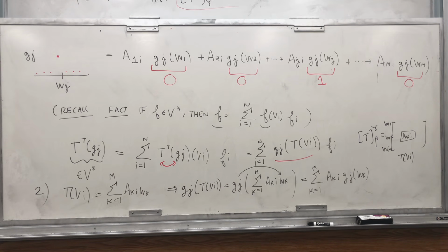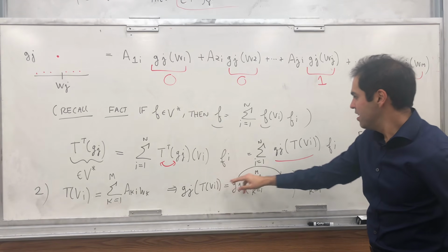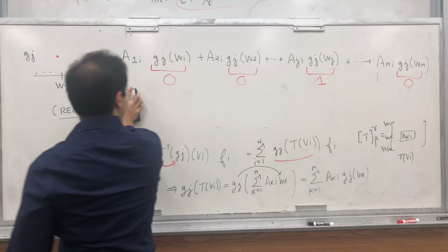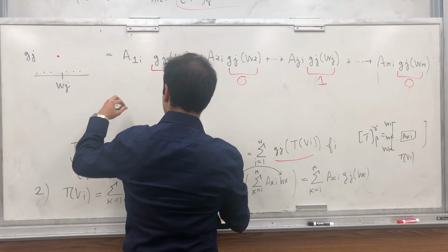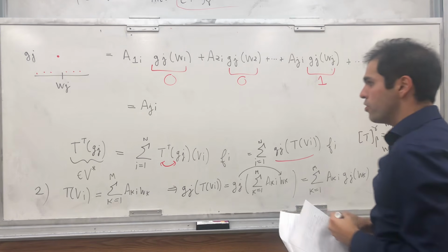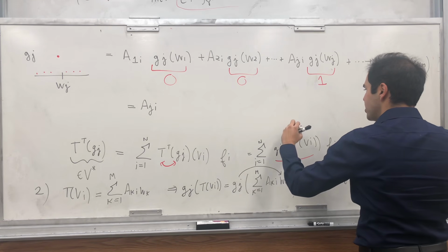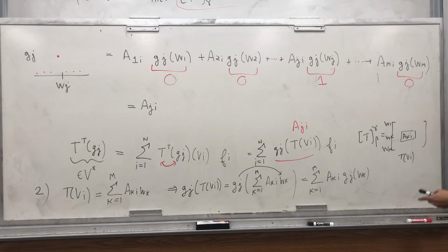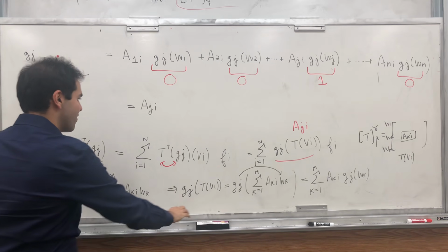And then, after the dust has settled, in the end, the term that we want, Gj of T Vi, just becomes A_ji. In other words, what do we have? T transpose of Gj is just A_ji Fi, which looks almost like A transpose. In fact, it's the ijth entry of A transpose.